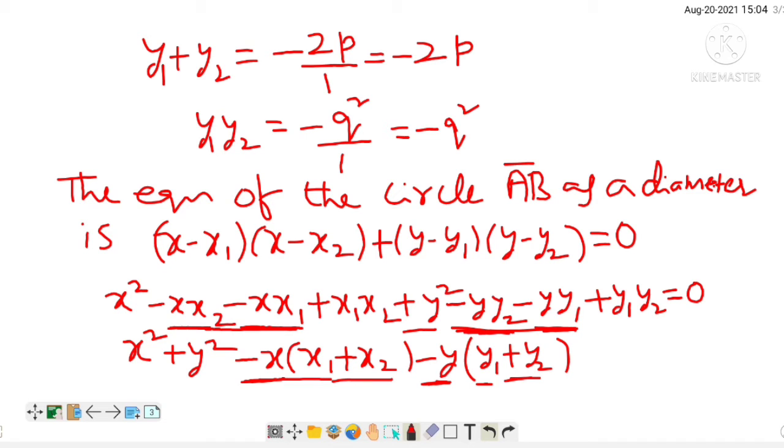The remaining terms are plus x1 x2 plus y1 y2 is equal to 0.